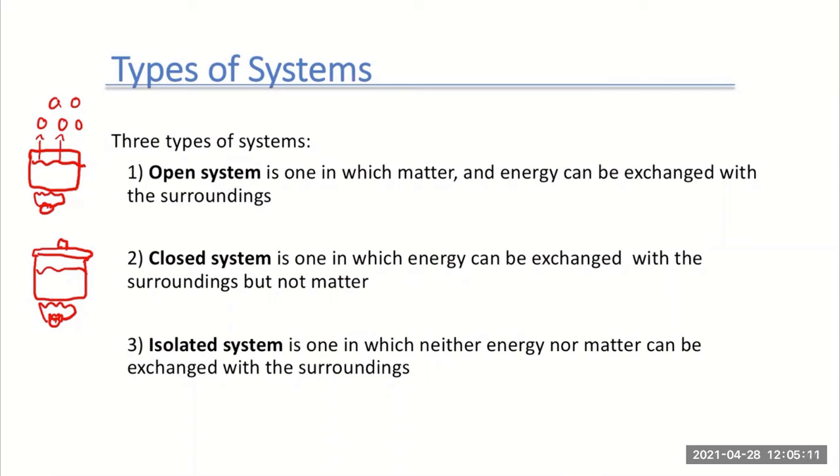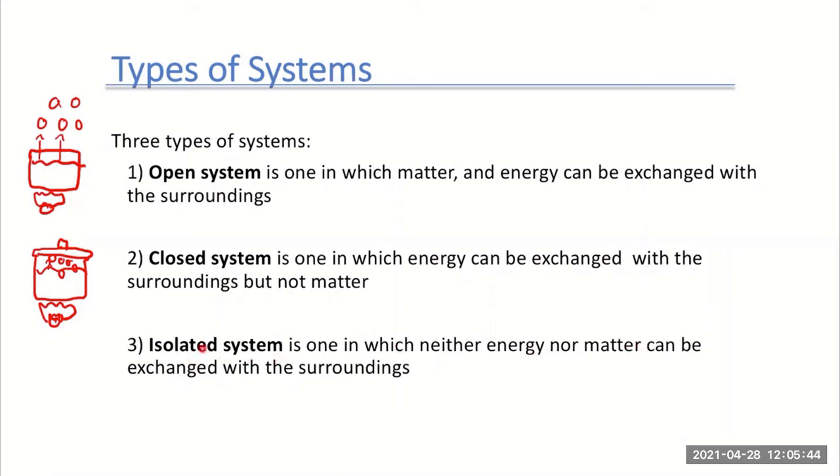So what we've done is create a closed system where we can add heat to it. If you put your hand above it, it's still kind of warm, but now the water molecules can't leave the pot. They're stuck inside. So it's no longer exchanging matter with the surroundings. And then if we have an isolated system, that's where energy and matter are not exchanged.